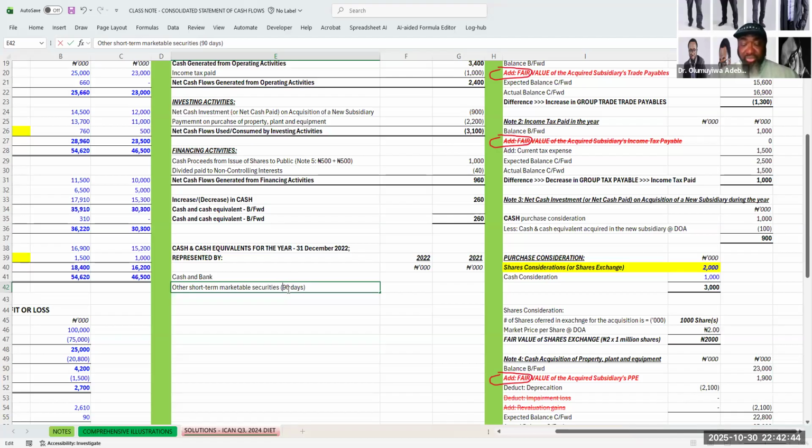And I'll bring in my bank overdraft. For the purpose of statement of cash flow, you are expected to offset your bank overdraft, which you don't do for balance sheet.